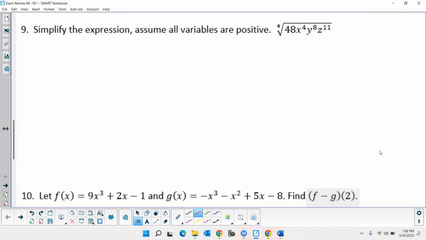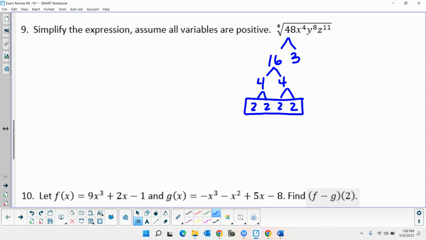Here's how I would start with my factor tree. Looking for a group of how many? 4. There's 4 2s in 48, right? X to the 4th is 4 x's, isn't it? Y to the 8th.